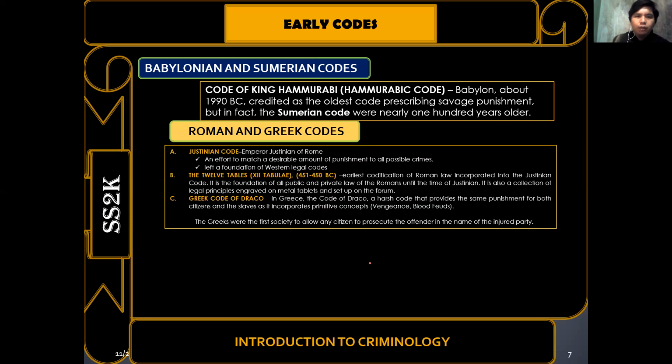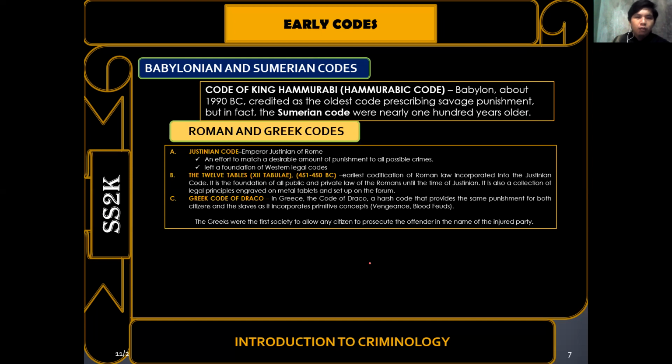And we also have the Roman and Greek codes, the Justinian Code, which was established by Emperor Justinian of Rome. In the Justinian Code, there is an effort to match a desirable amount of punishment to all possible crimes. In other words, the penalty should correspond to the crime that was committed.